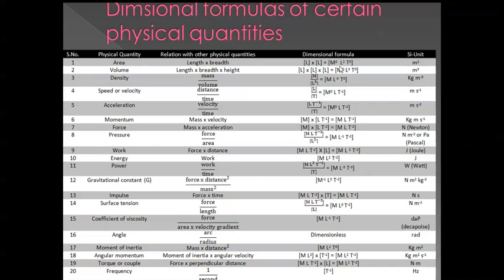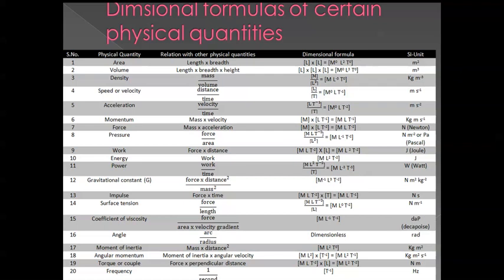Usually in the dimension formula we write three letters, M L T. Simply we can write L square, but we write three letters: M power 0, L power 2, T power 0. The dimensions of length is L, the dimensions of breadth is also L, L into L, L square. This is the dimension formula of area.